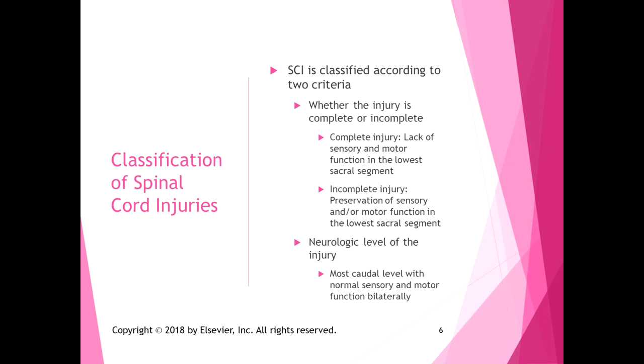So there's a nice chart in chapter 18, and it's on page 374, which talks about what is going to be intact with complete spinal cord lesions at different levels. So that's a nice chart to look at. And you can get an idea of what you can expect people to be able to do.